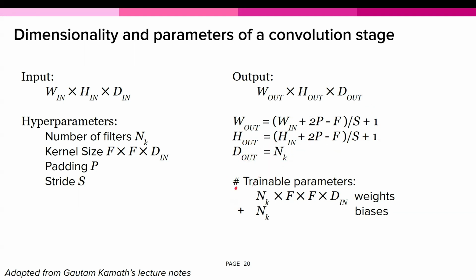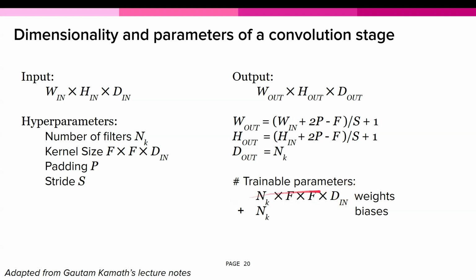In terms of the number of trainable parameters, each filter has a set of trainable parameters, that's weights and biases. The total number of weights in a convolutional layer depends on the number of filters and then the kernel size. For a square kernel, that would be F times F times the depth of the input.